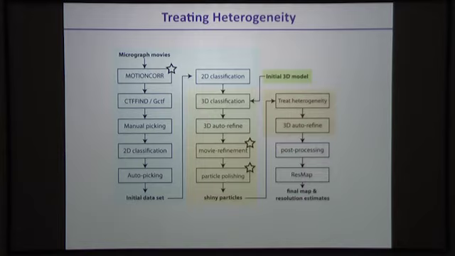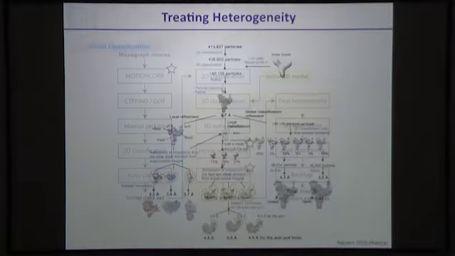After you've done particle polishing, you have your shiny particles, and you can go in and do further classification in order to treat the heterogeneity within your sample and find the best subset of particles that corresponds to the different structures in your data set, so you can then interpret the biology behind it.